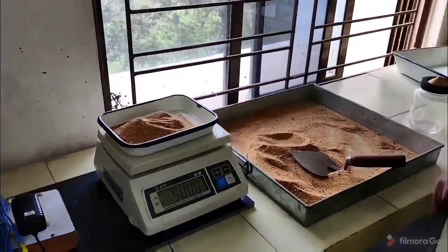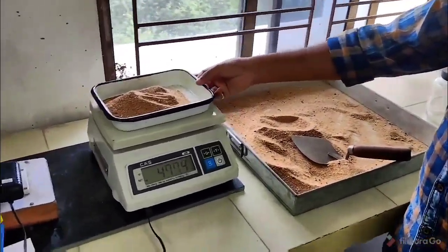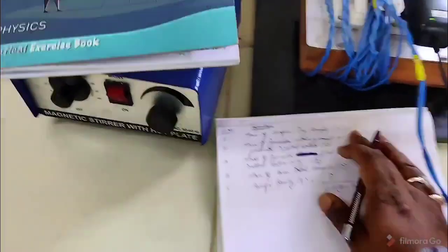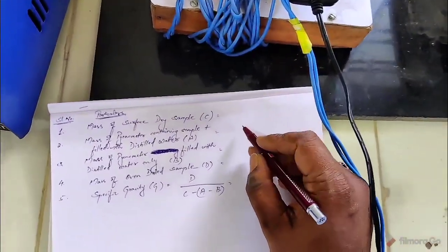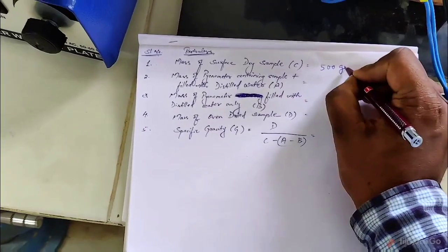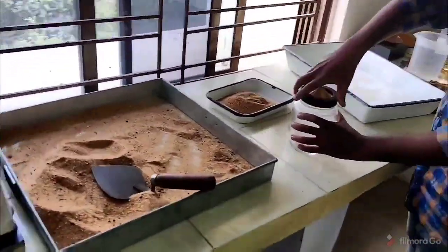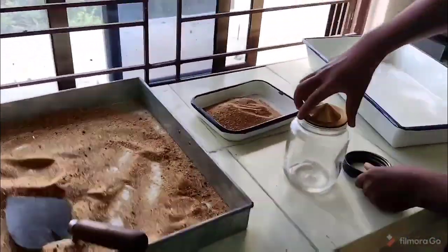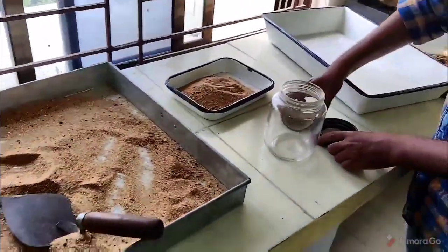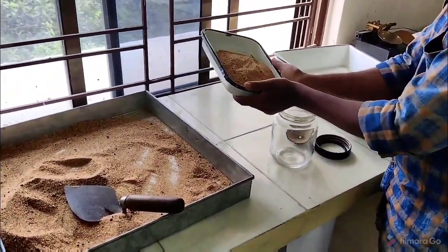This is 500 grams of saturated surface dry sand, and we can note it down right now. We have a tabulation: mass of surface dry sample is 500 grams. Then the next step is to fill the sand into the pycnometer and add water. We'll fill it gradually.